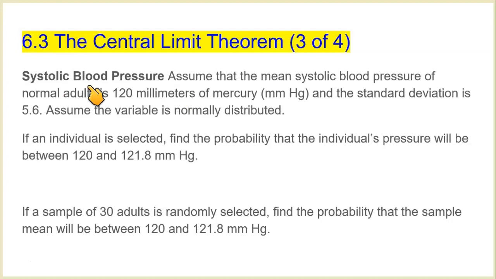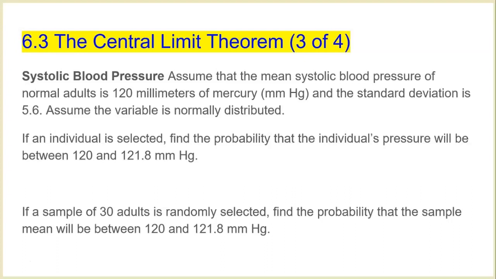So systolic blood pressure. Assume that the mean systolic blood pressure of normal adults is 120 millimeters of mercury, and the standard deviation is 5.6. Assume the variable is normally distributed. So we've already been told that the variable, which is the systolic blood pressure, is normally distributed.